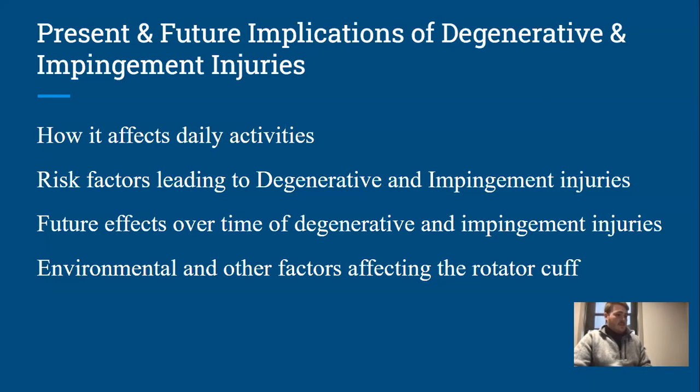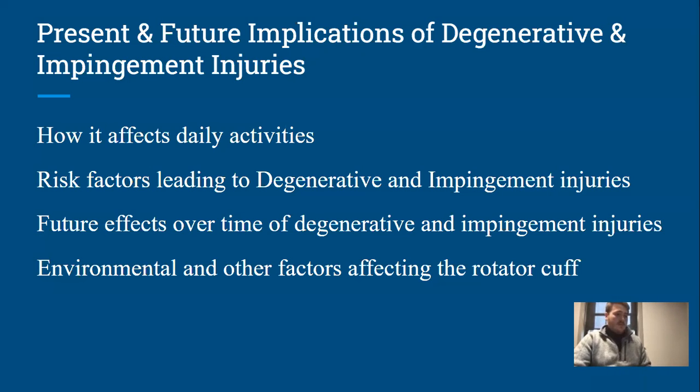And then future or environmental and other factors affecting the rotator cuff: you could re-tear them after you have had surgery on them. Also, if you have diabetes, it increases the risk even more to re-tear it or tear it. It also increases the size of the tear. And then you will have reduced tendon length from surgery. Body mass index plays a big role.